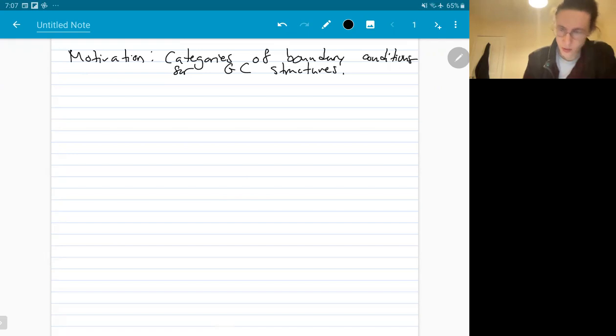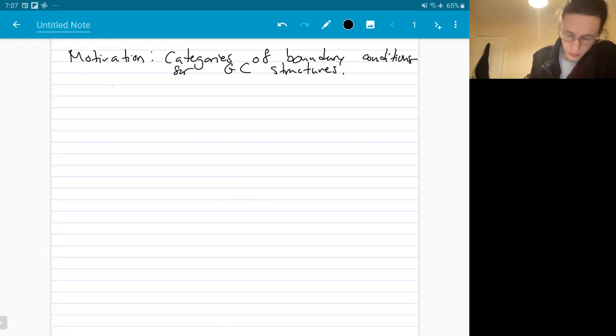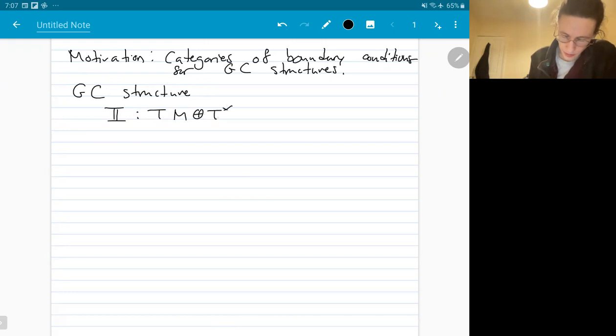So let me just recall, I guess everyone here probably already knows what a generalized complex structure is. A GC structure consists of a complex structure on T plus T star of M, which squares to -1, and it's integrable with respect to the Courant bracket.